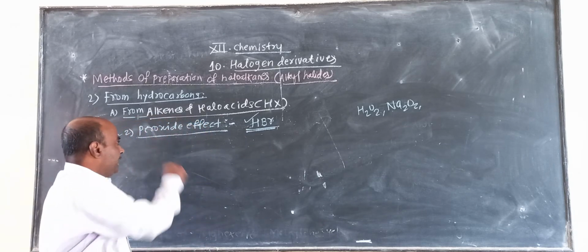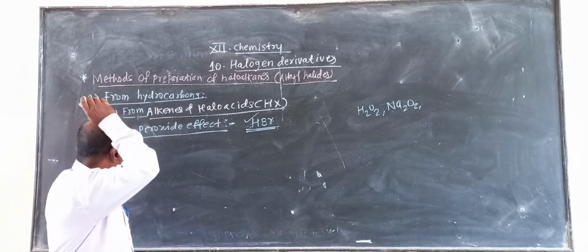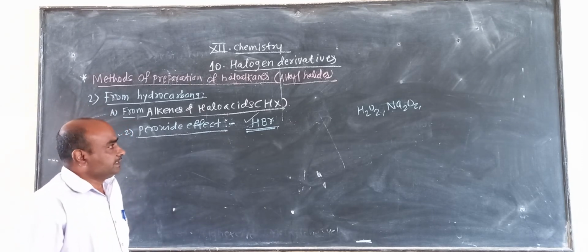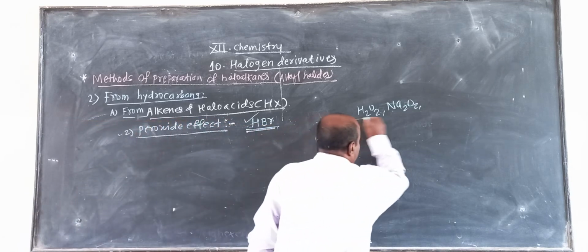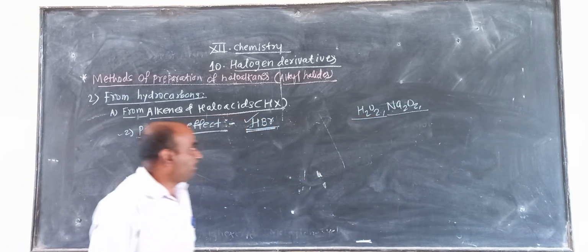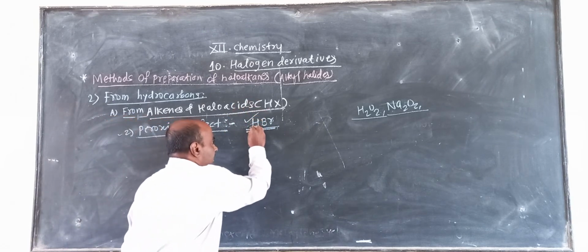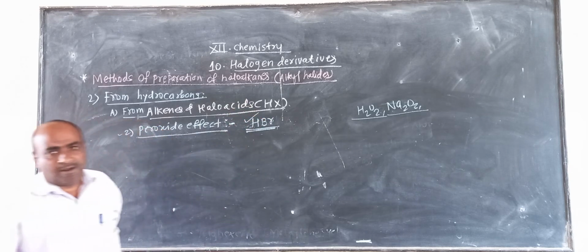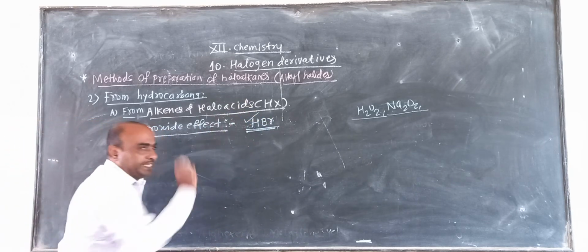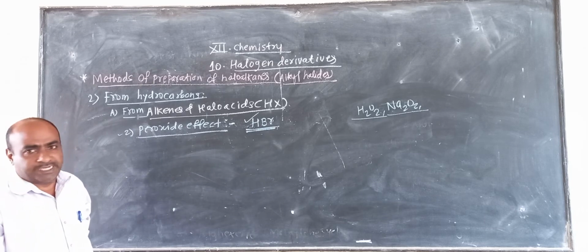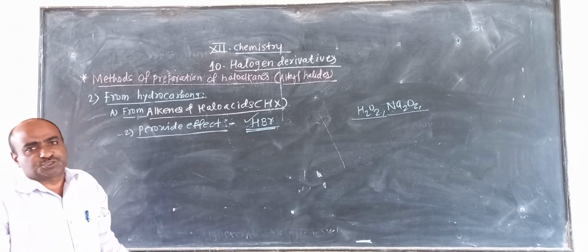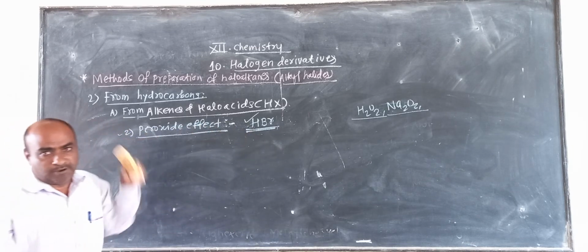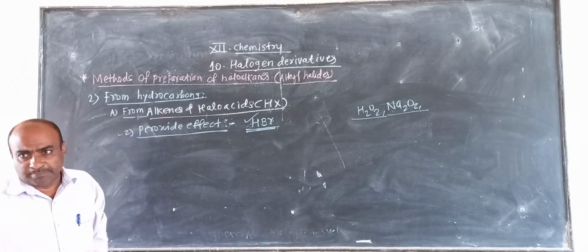So this anti-Markovnikov rule states that when an unsymmetrical alkene is added with HBr in the presence of hydrogen peroxide, sodium peroxide, or benzoyl peroxide, then the bromine atom of the hydrobromic acid is attached on that carbon atom which carries more hydrogen atoms across the carbon-carbon double bond.